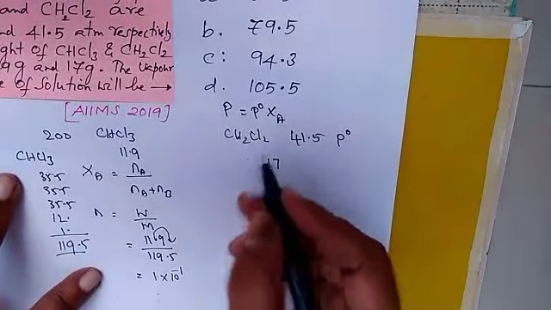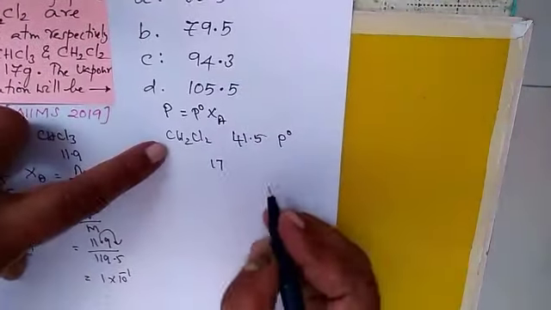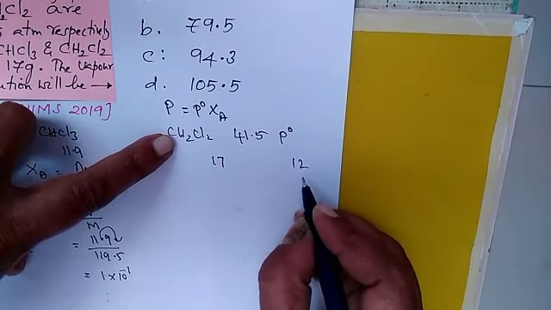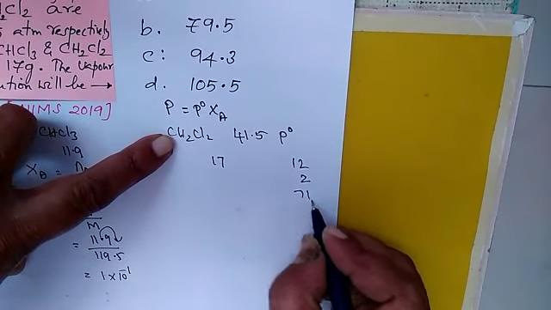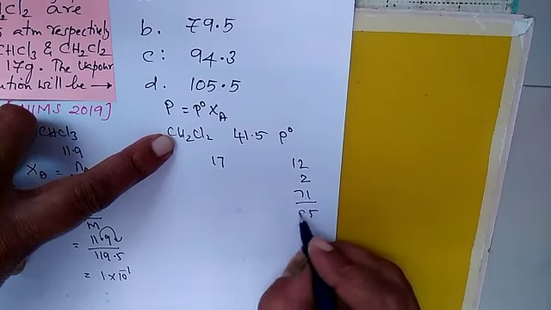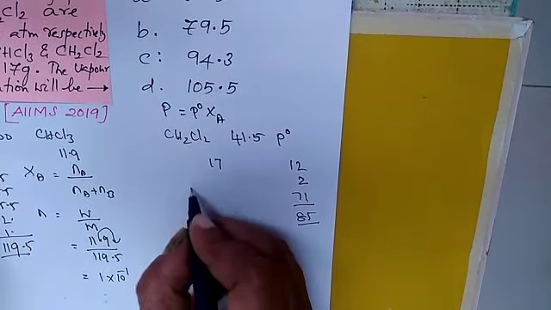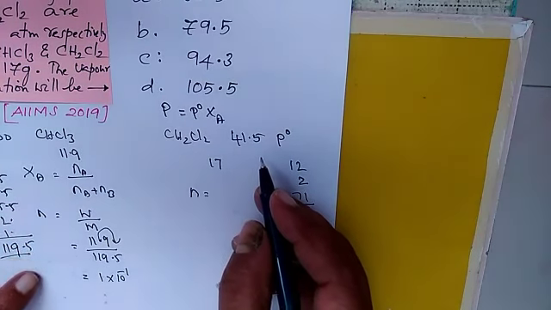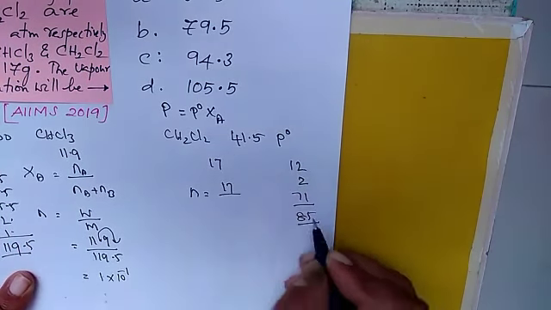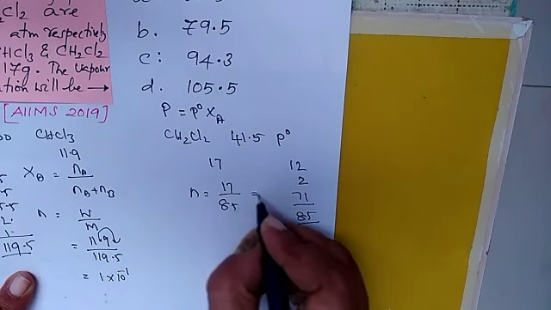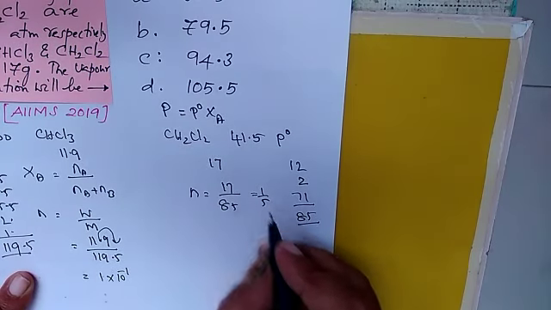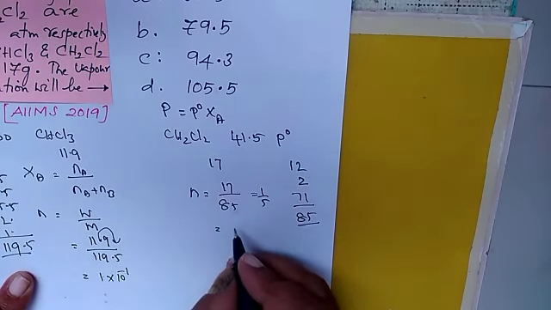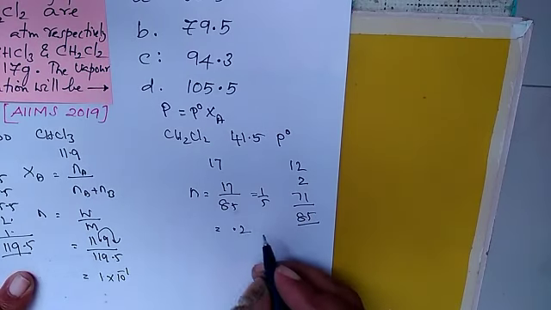The same thing you have to do for this. For this molar mass I am calculating: carbon 12, hydrogen 2, chlorine 71, so 85. Now the number of moles is equal to the given weight 17 divided by 85, which is 1 by 5, that is 0.2.